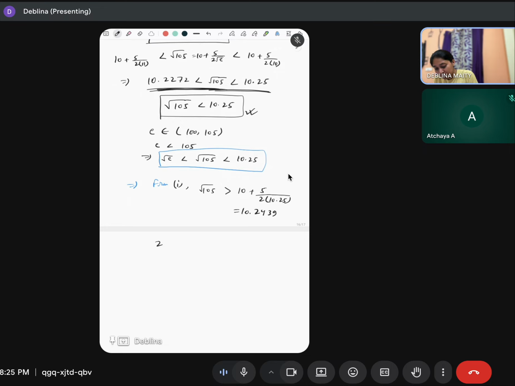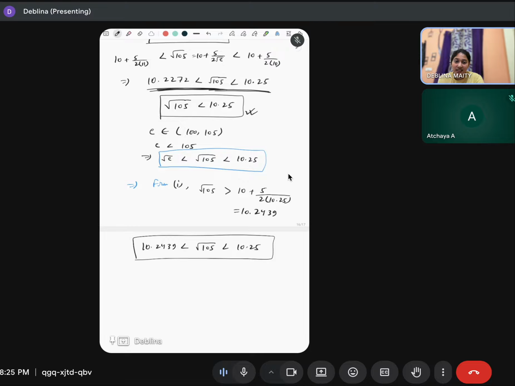So what we get here is that root over 105 lies in between these two rational numbers, right? This is the approximation of root over 105.